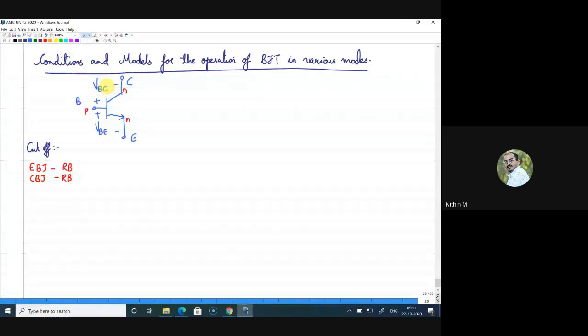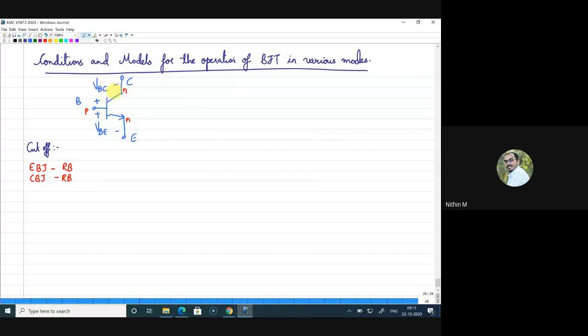So what I did here is there are two PN junctions and I marked the voltages as plus minus towards the PN junction. Now we know that, depending on the value of VBC, it should be such that it is reverse biased, which we'll see shortly. So both voltages I marked as VBC and VBE.